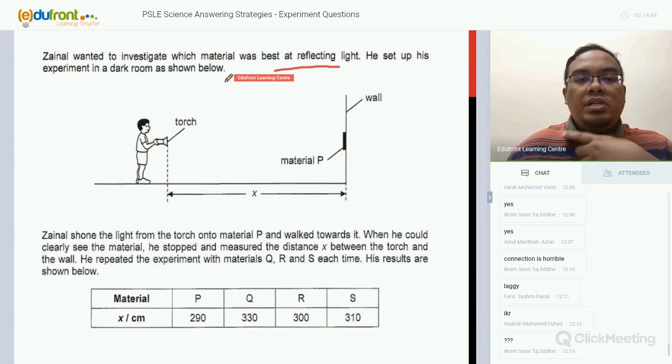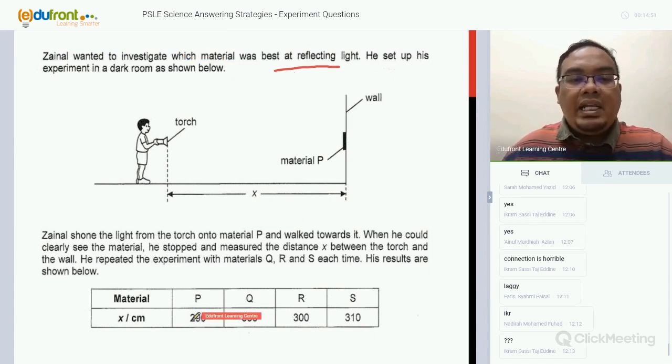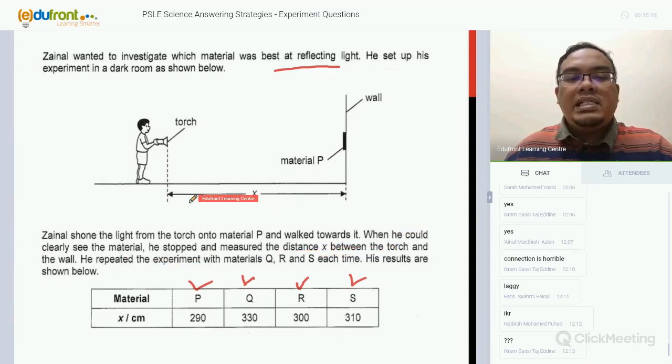So you can see he conducted it with material P, material Q, material R, and material S. Okay, so he set up his experiment in a dark room as shown below. Zainal shined the light from the torch onto material P and walked towards it. Then when he could clearly see the material, he stopped and measured the distance x.